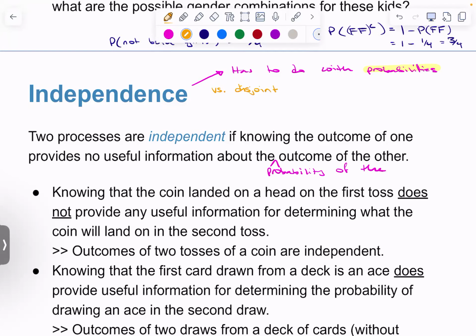Can the outcomes happen at the same time? If they're disjoint, the probability that they happen at the same time is 0, versus independence: does knowing that something has happened affect the probability of the next thing?